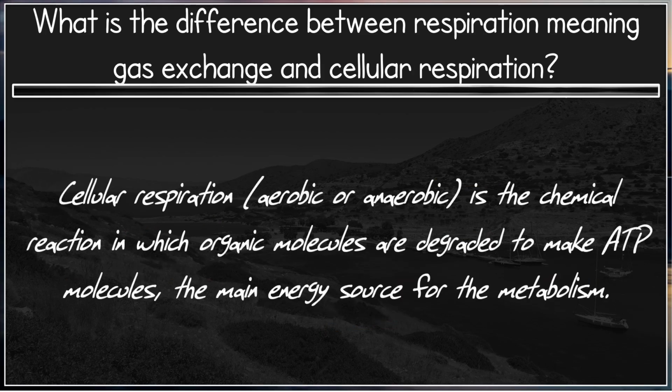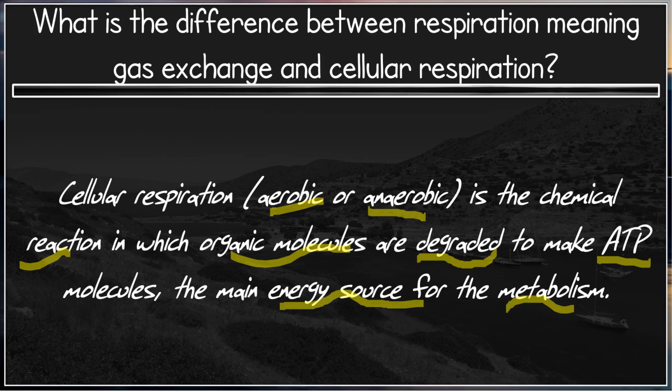Cellular respiration, which can be aerobic or anaerobic, is a chemical reaction in which organic molecules are degraded to make ATP molecules, the main energy source of the metabolism.